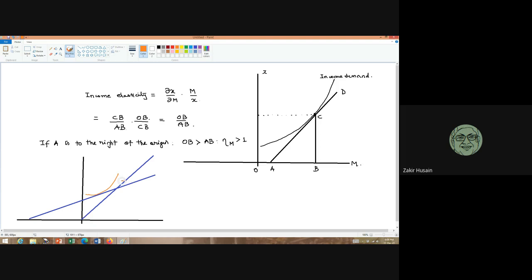So I'm taking two demand curves over here. It's very difficult to draw it in together.